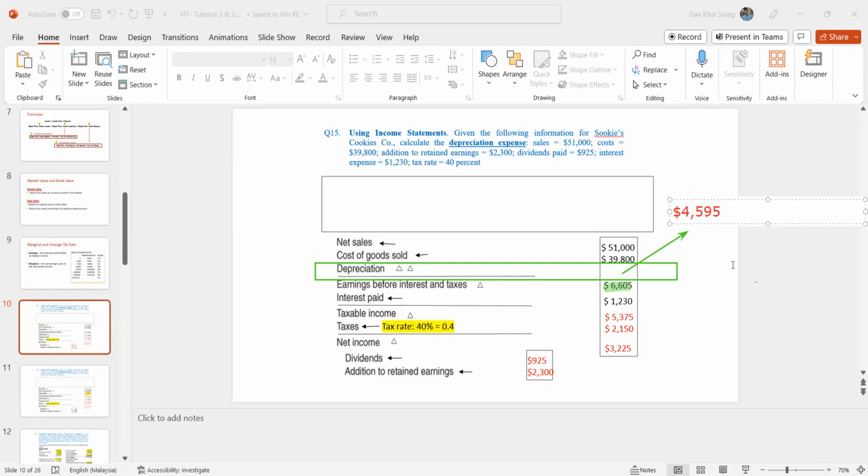Let's see if it's correct. I think yes, the answer is 4,595. Yes, correct. So we got the final values. That's the answer for this question. Any questions? So we have done the first question of your tutorial questions. This is an easy one.